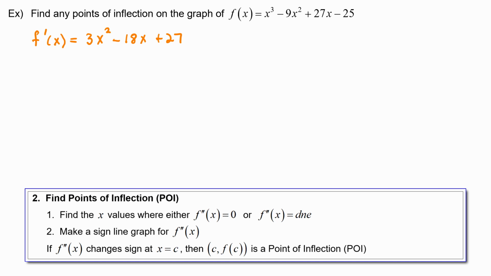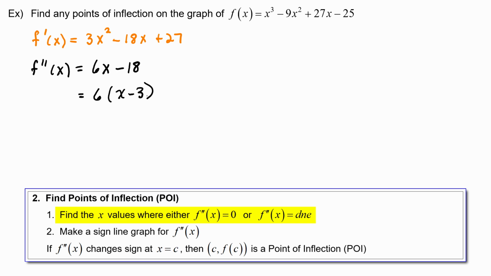Now we can move on and find f double prime, which is going to equal 6x minus 18. We know that to find the points of inflection, we need to find the places where the second derivative is either 0 or does not exist. So let's factor this, and we get 6 times the quantity x minus 3.